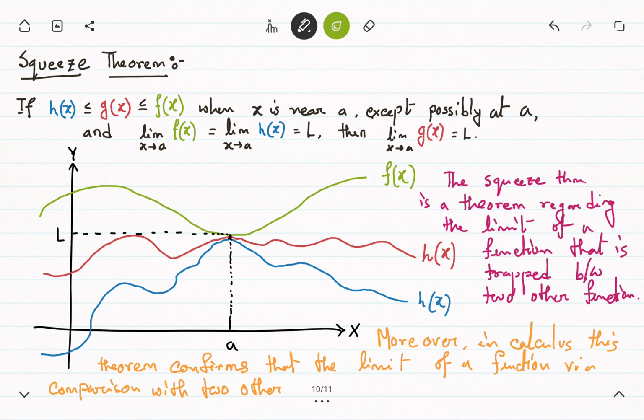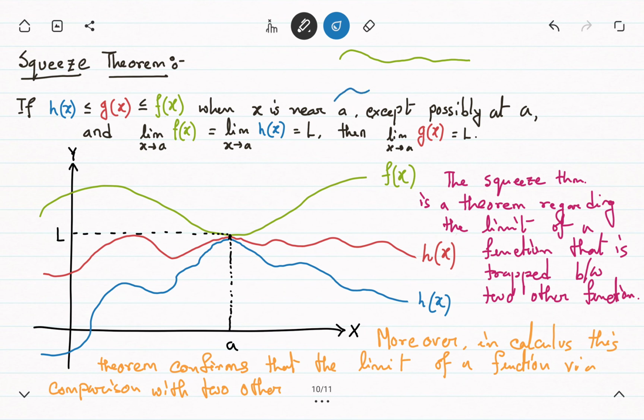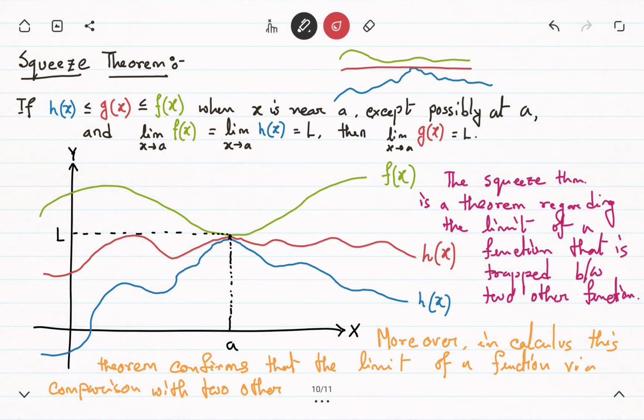You can assume that this is f(x), approaching a limit, and here it is h(x), and this is g(x). You can say it like this.